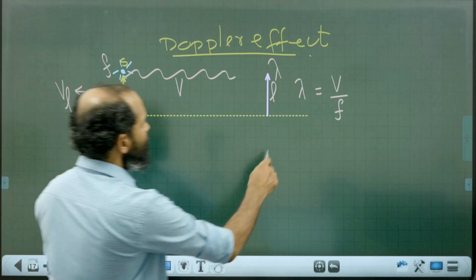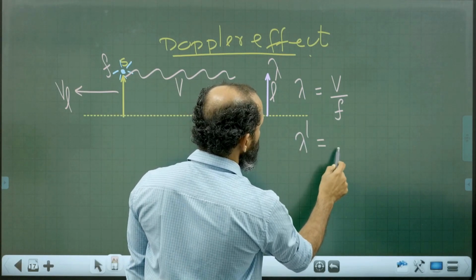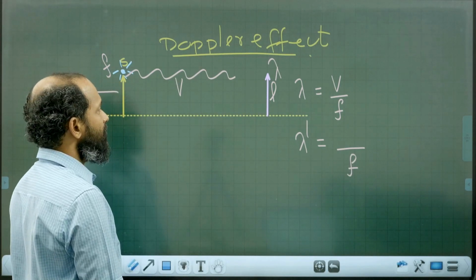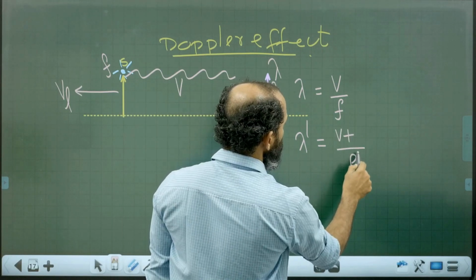What is that wavelength? The new wavelength lambda dash is, frequency has not changed, but the wavelength has become larger. What is the new wavelength? That is V plus Vs.